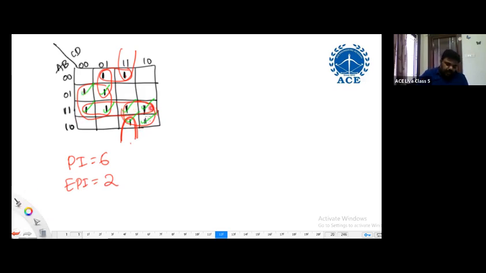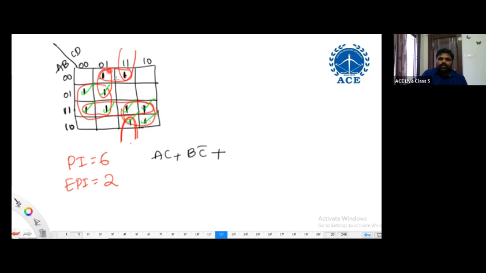Then, what is the minimal expression? Essential AC, essential BC bar, plus there are 2 minterms which are not covered by essentials. To cover these 2, if I choose this non-essential one, it covers only one. If I choose this one, it covers only one. If I choose this one, it covers both.